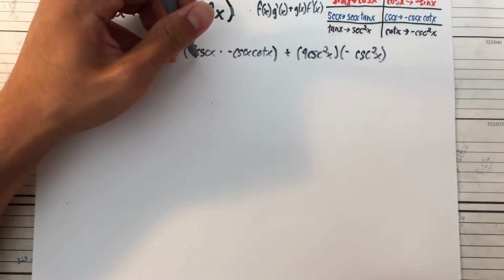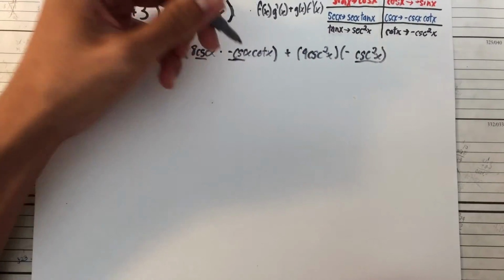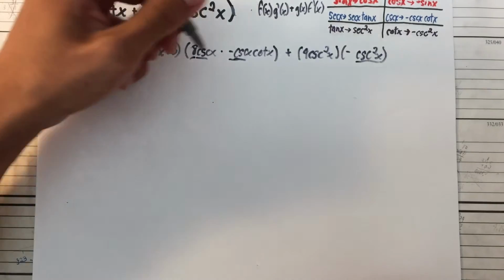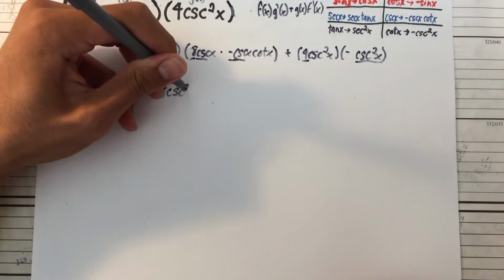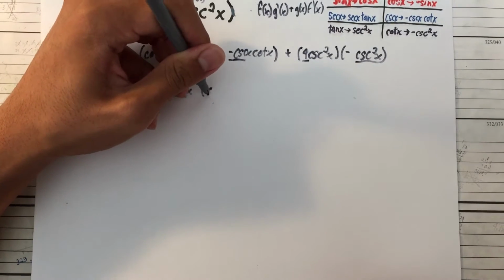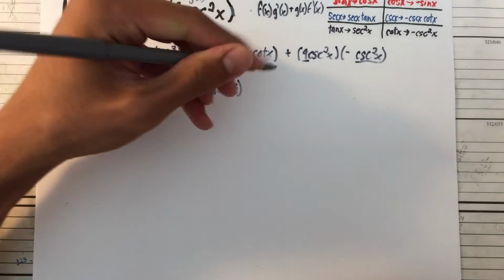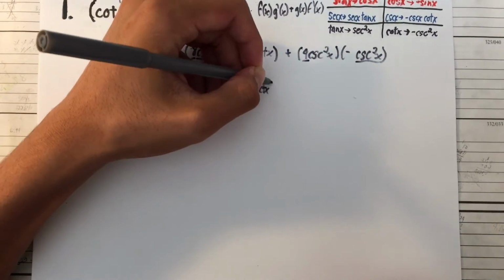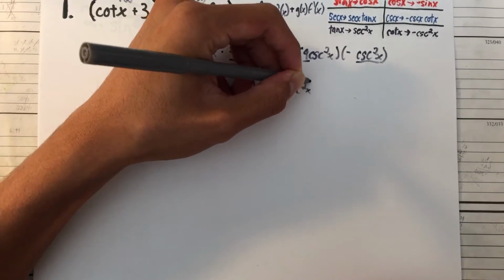So from here you can see we have cosecant squared x on both sides, or negative cosecant squared x to be exact, so we can pull that out along with 4, so we end up pulling out negative 4 cosecant squared x, and that leaves us with cotangent x plus 3 times 2 cotangent x plus cosecant squared x.